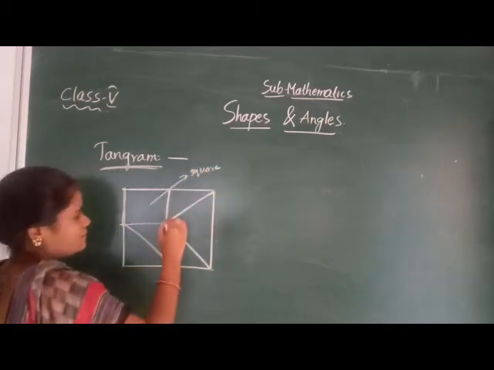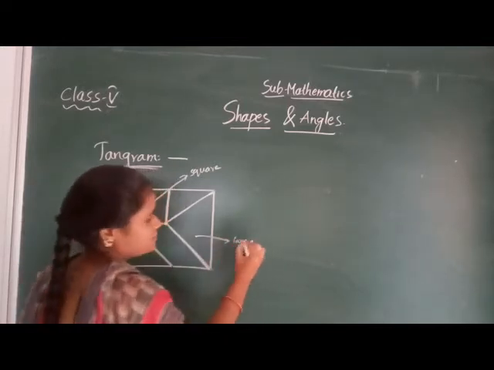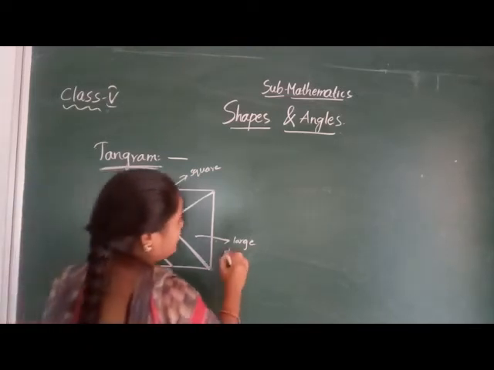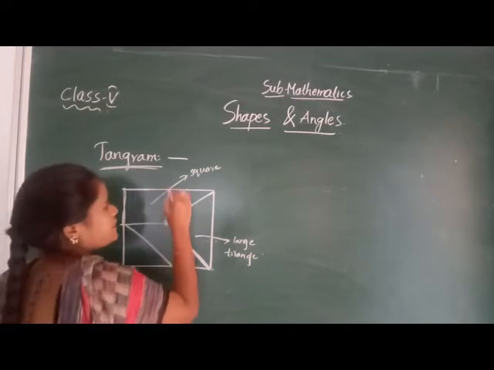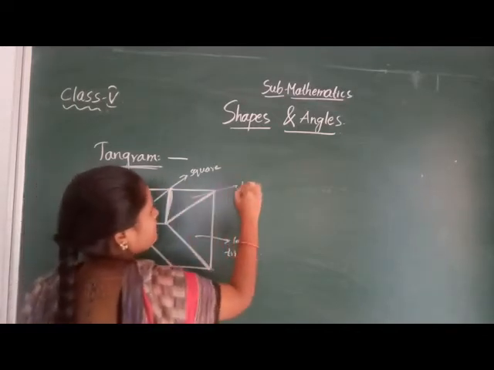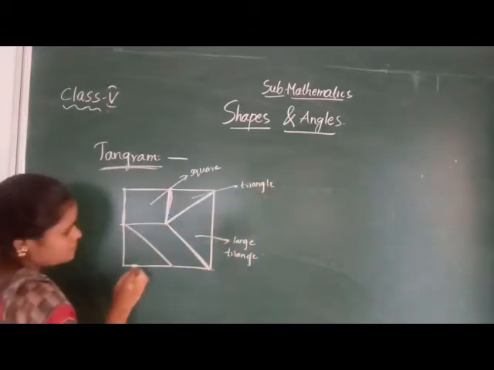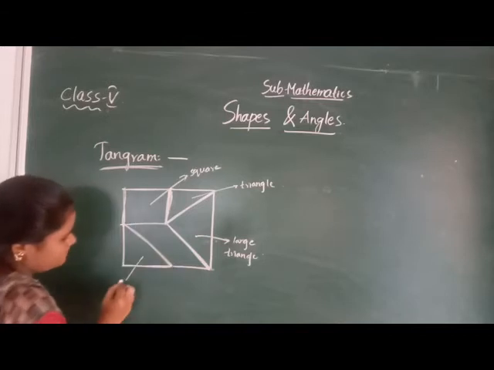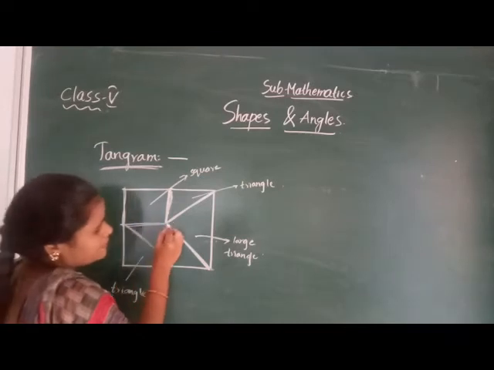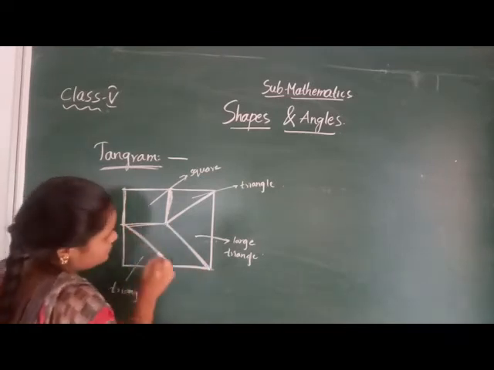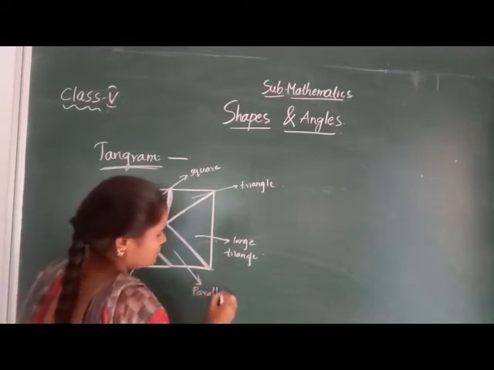This one is one large rectangle, means very big rectangle. Large triangle. And this one is one small triangle. This one also one small triangle. And this one is parallelogram.